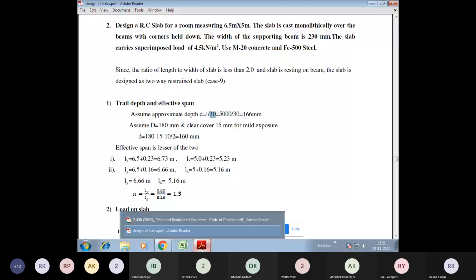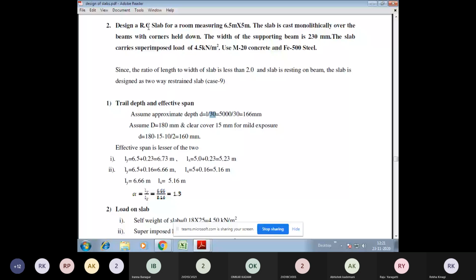See here, in the design of RC slab, the room dimension is given as 6.5 meter by 5 meter. In the numerical, it is not clearly mentioned whether it is to be designed as a one-way slab or two-way slab. So we need to calculate the Ly by Lx ratio, that is always the larger span to shorter span ratio.